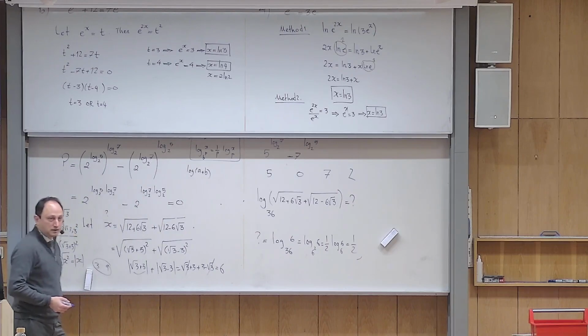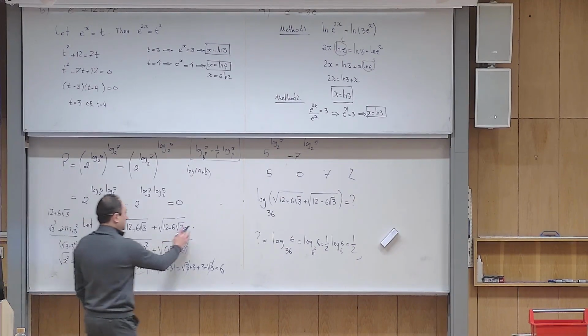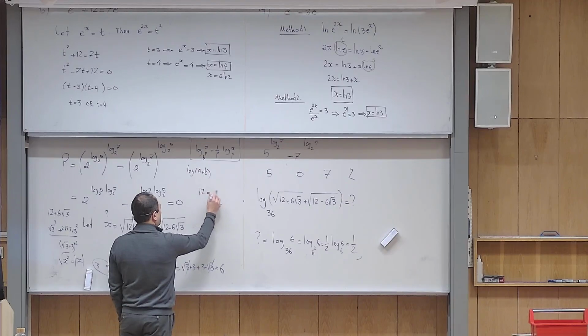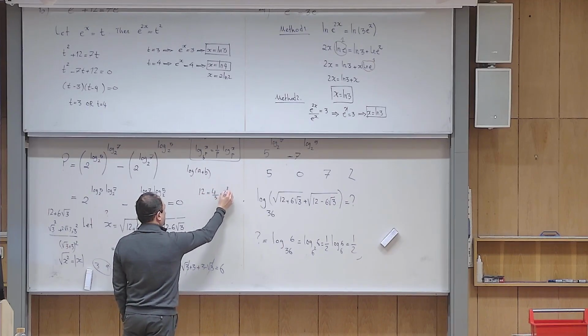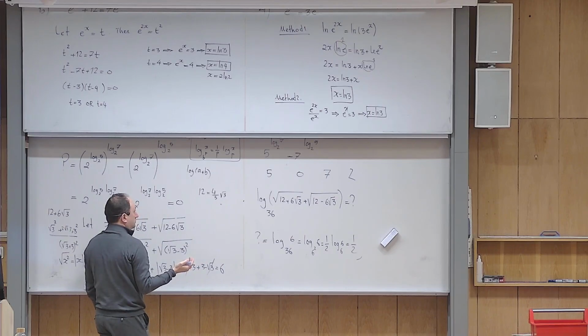Because if you just try to replace 12 with 4 over 3 times the square root of 3. So 12 is what? 4 over 3 times the square root of 3, to the power of 2? No, just the square root of 3. Because this is not 12 now.